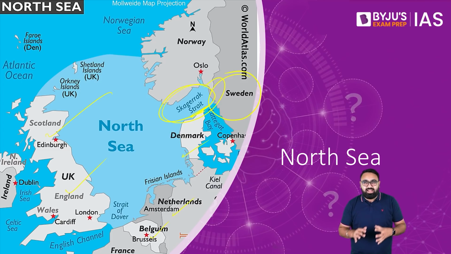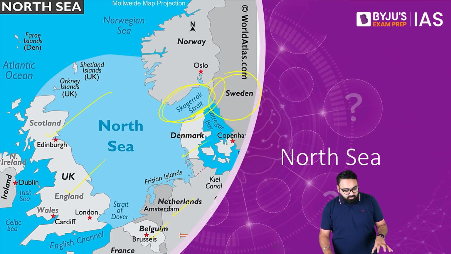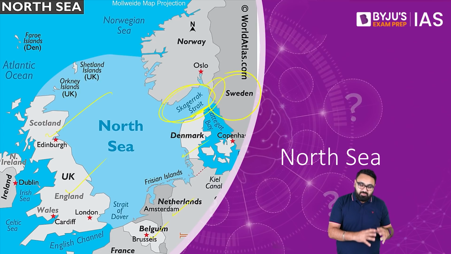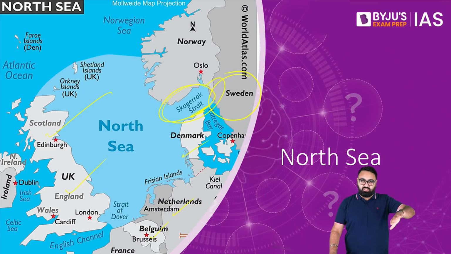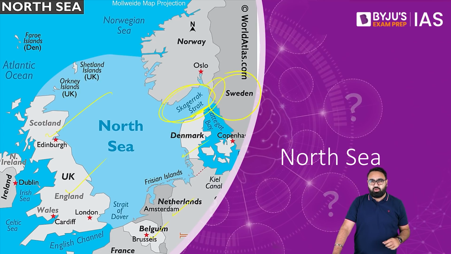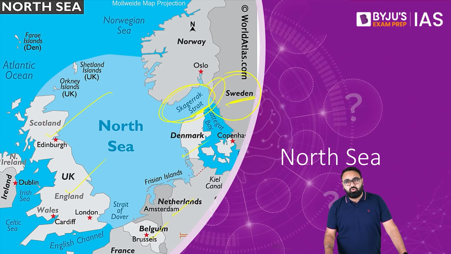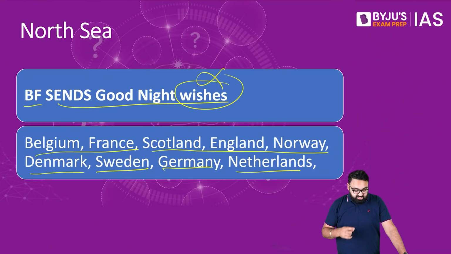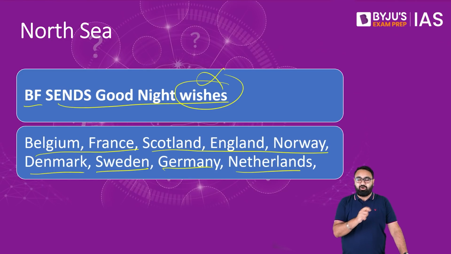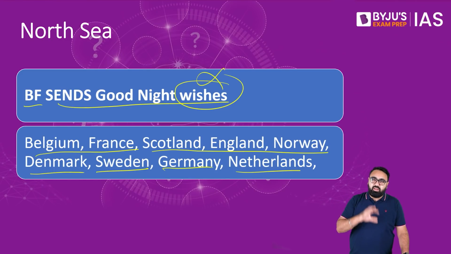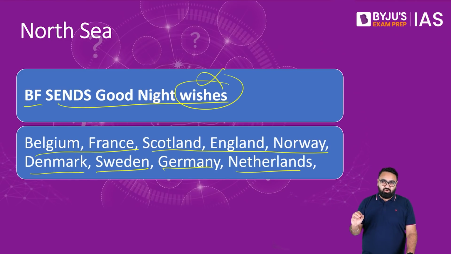But the particular map that I am giving you, I have taken this list from the official website of the North Sea nations. So the North Sea nations inside the European Union have their own official website. On that website, Sweden is mentioned as a country that borders the North Sea. So if you do see certain websites where Sweden is not mentioned as a nation that surrounds the North Sea, don't worry, please do go ahead with Sweden. Sweden is a part of it.